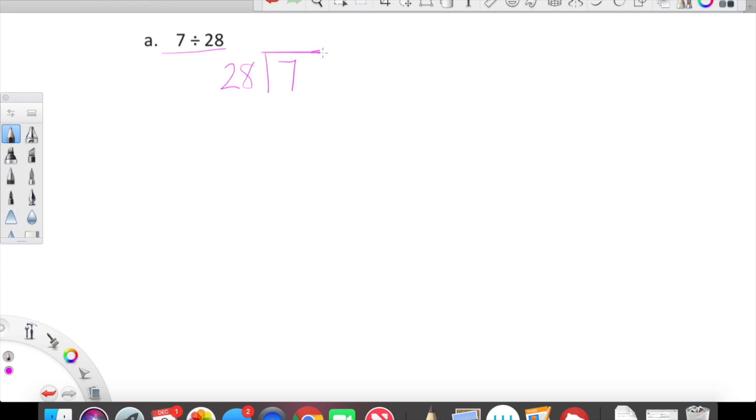And immediately, I think you guys are probably thinking, well, 7 ones actually cannot, in this form, be divided into 28 equal groups. There's simply not enough 7 to go around. So, in your infinite math wisdom, I hope that you're thinking about this next piece here. We'll go ahead and document our decimal place.